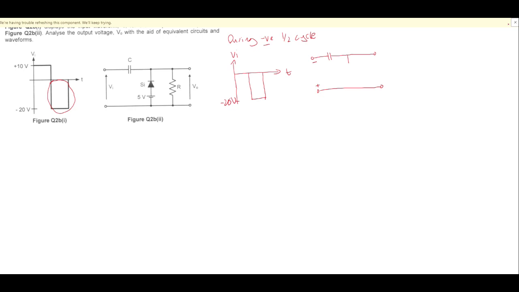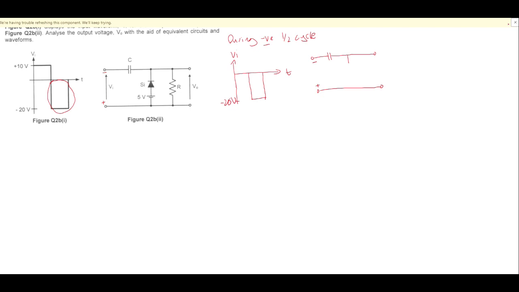So during the negative half cycle, with the positive terminal at the bottom and the negative terminal at the top, current will flow like this, going through the 5 volt DC, followed by the silicon diode and the capacitor. As you can see, during the negative half cycle, the silicon diode will be forward biased, which is the on state.